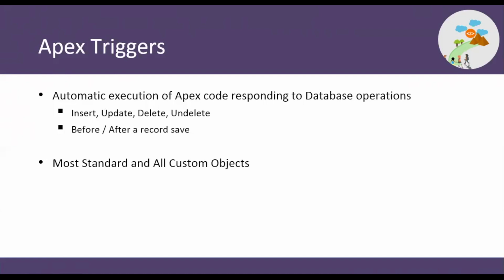assuming that you're having the right kind of edition which allows writing Apex, you will be able to write an Apex trigger for all your respective custom objects, right? So that's just a quick refresher on what triggers are, what they do, and where they are applicable.